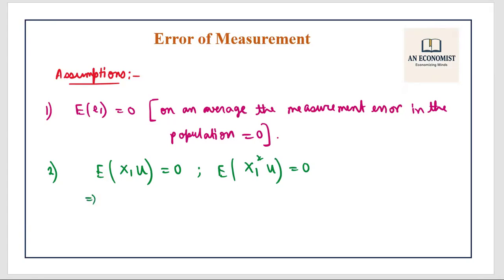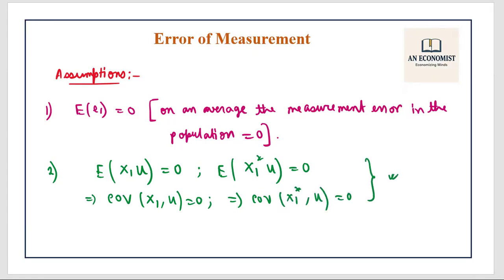Or you can alternatively write it in this fashion: covariance of x1, u is equal to 0, or here you can write covariance of x1 star comma u is exactly equal to 0. Both are the same. It basically means that we shall assume u is uncorrelated with both x1 star and x1. Let me write it down.